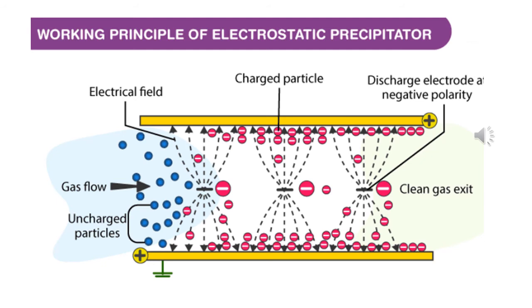The negative terminal of a high voltage DC source is connected to the negative electrodes and the positive terminal of the DC source is connected to the positive plates. To ionize the medium between the negative and positive electrodes, a certain distance is maintained between them and the DC source, resulting in a high voltage gradient.